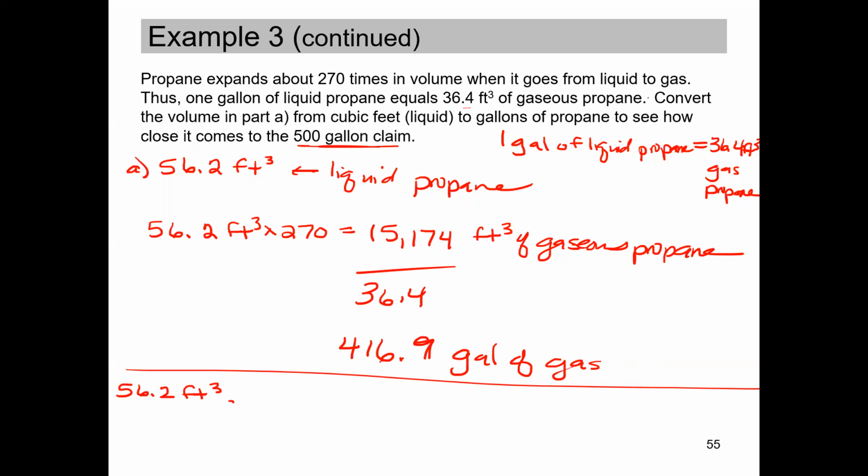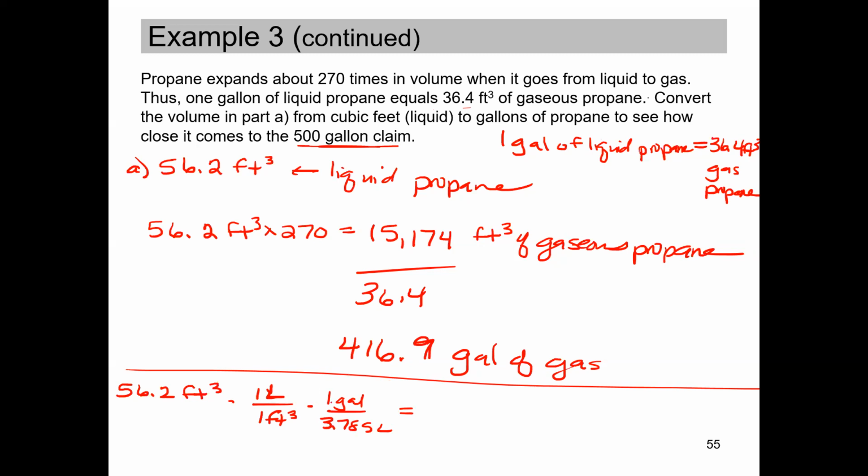Well, I know the conversion for liters, looking at our table for common units. And then one gallon is equal to 3.785 liters.